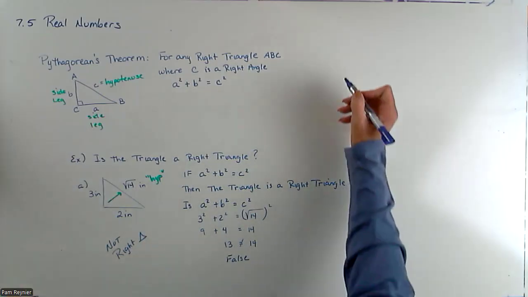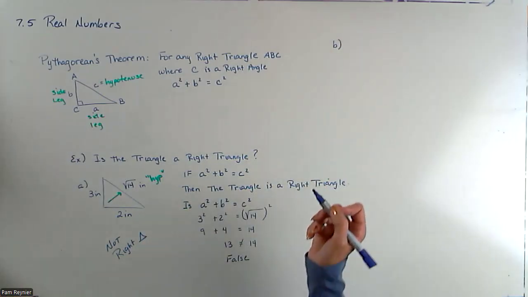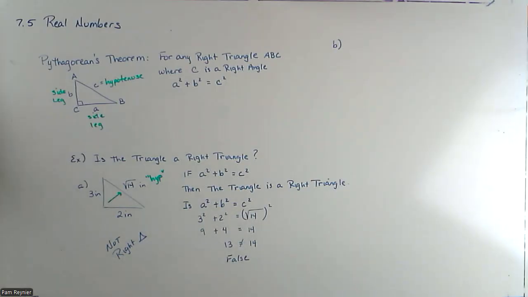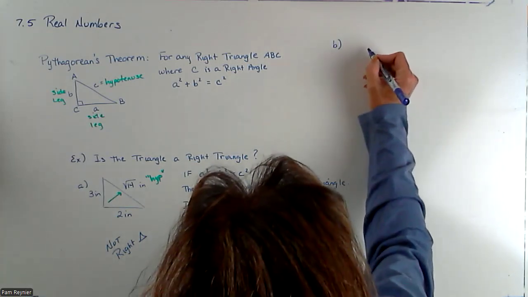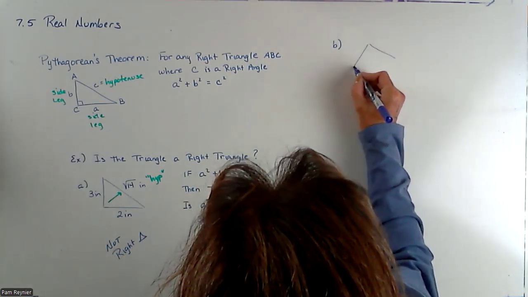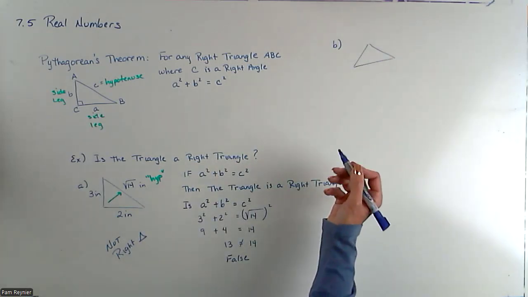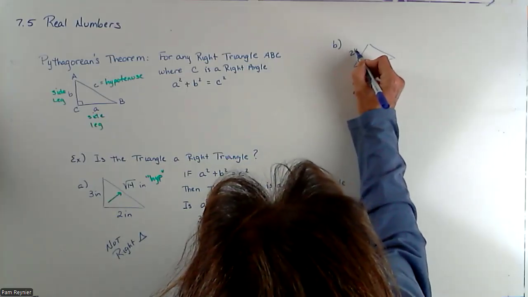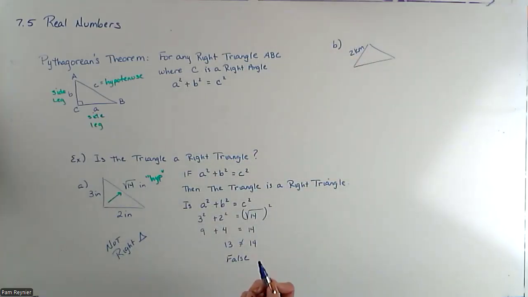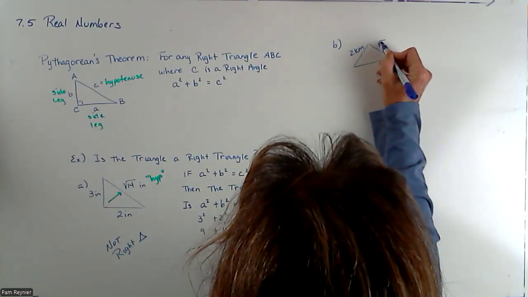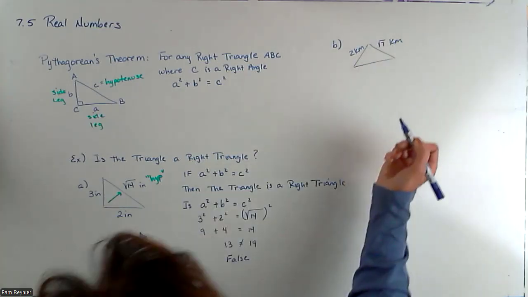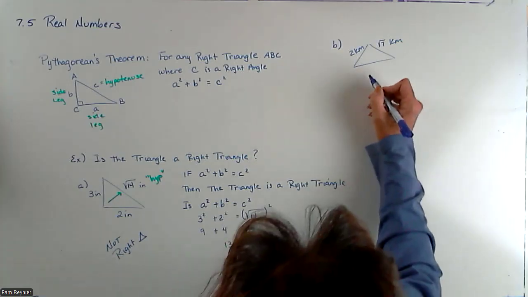And lastly, same question, is it a right triangle? But let's say I give you this one. I'm going to tell you one side is 2 kilometers. One side is root 7 kilometers. And one side is root 11 kilometers.